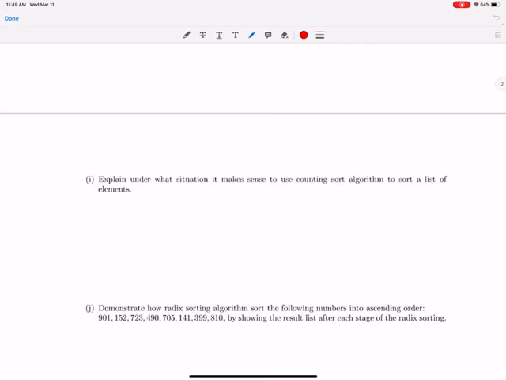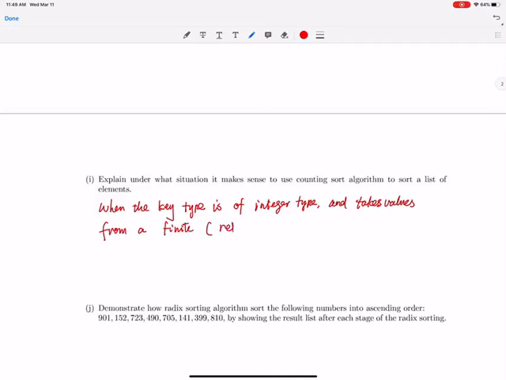Okay. So the answer should be one, the key type is of integer type, and takes values from a finite, in other words, relatively small range.